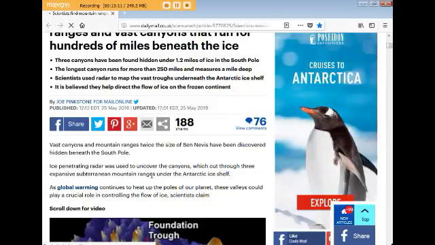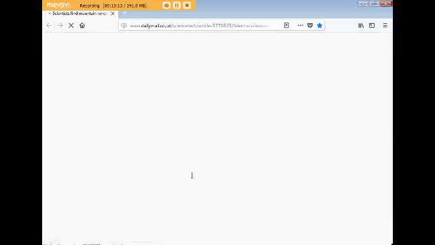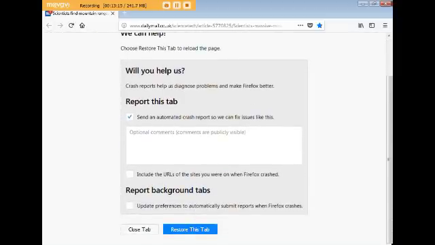Ice penetrating radar was used to uncover the canyons. Anyway, I'll leave the link below.